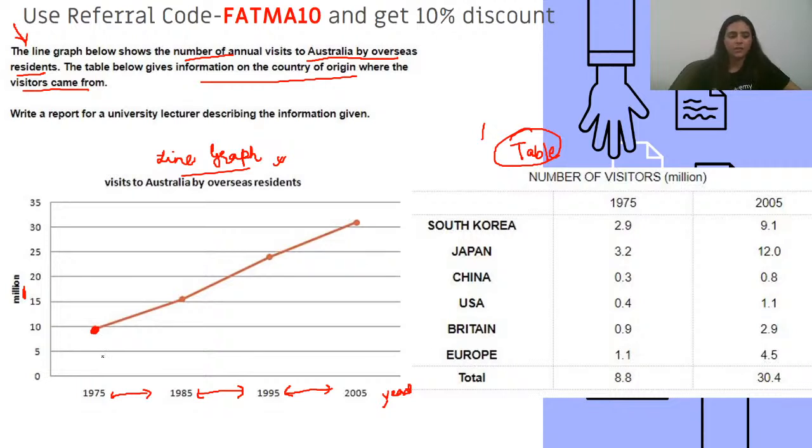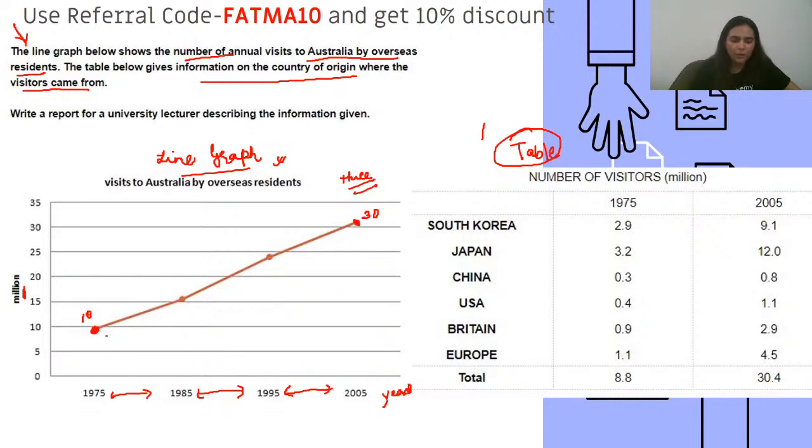Australia had 10 million visitors, and by 2005 it came up to almost touching 30 million. So in the span of 3 decades, the number of visitors in Australia rose to 3 times, right? It was 10 million and overall it became 30 million. That's an overall trend that I observed, approximately 3 times increase.